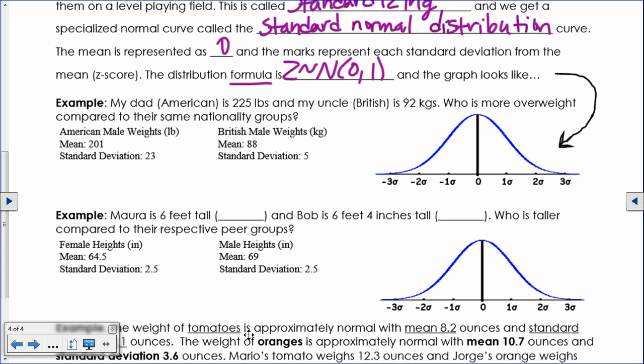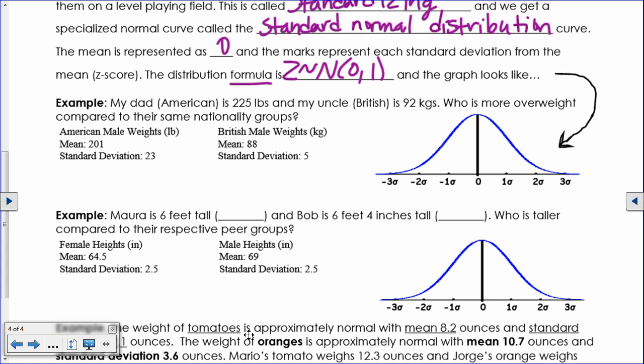Z-score. So when you guys are talking about comparing things, you're not going to be talking about the data points, you're going to be talking about the z-scores. So that's why they changed this to a z instead of the x, because now they're saying the z-score is approximately normal when the mean is 0 and the standard deviation is 1. So they changed the perspective. We're not going to be looking at the data points, we're going to be looking at the z-score. So that's why it changed a little bit in notation there.